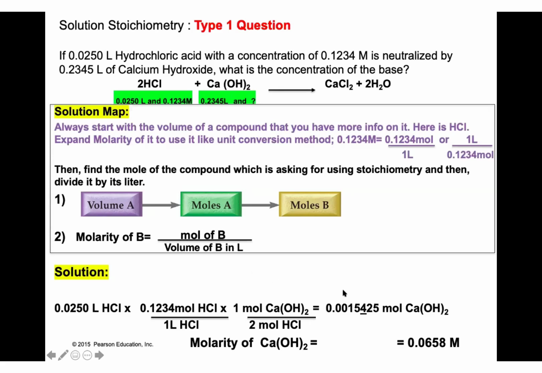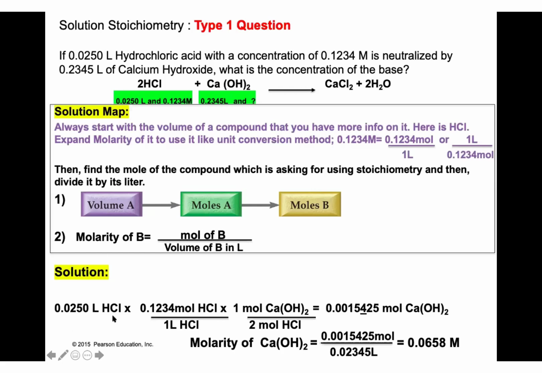I come up with the number here, and that's going to be moles. Guys, here I just want to give you a hint. Always make sure you don't round until the end of your question. I just put the placeholder here, knowing I have 3 sig figs. Why do you think I have 3 sig figs here?